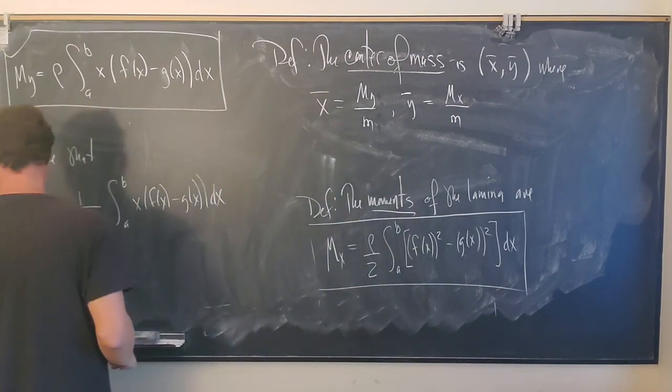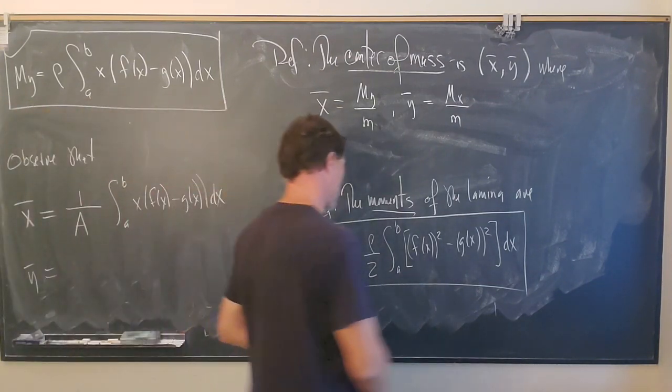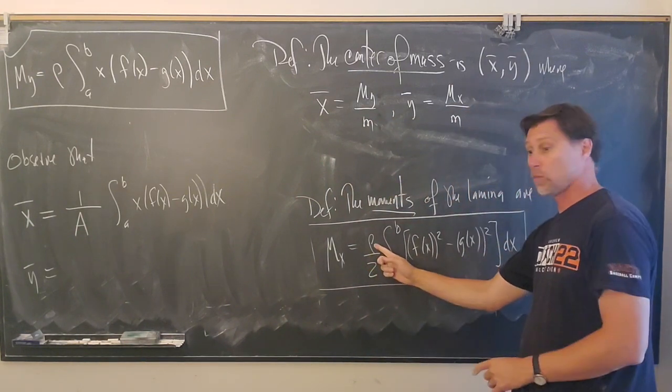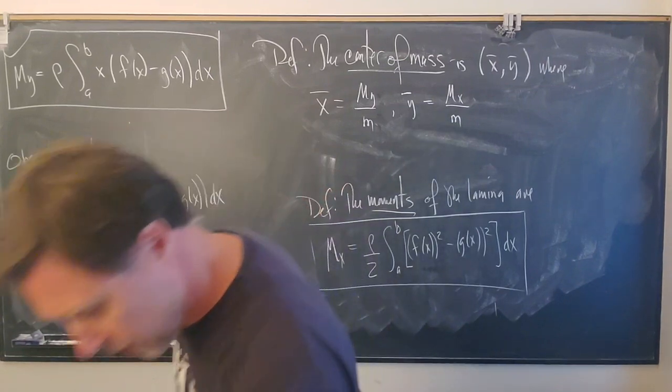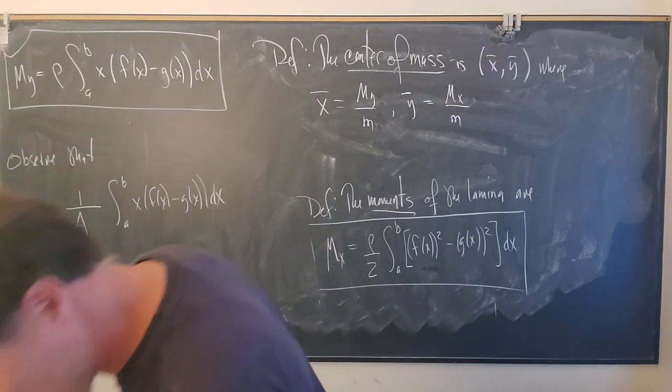y bar, well, let's see, y bar is going to be this, where the rho cancels out, divided by the area also. See how they write it in your book? Yeah, a little 1/2.